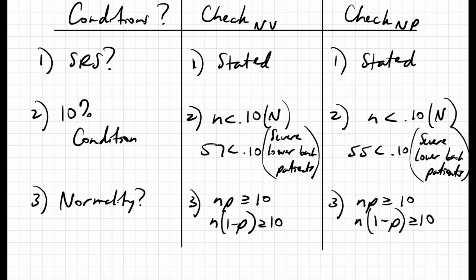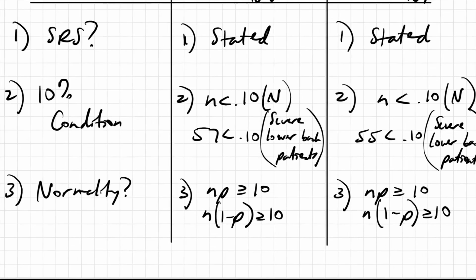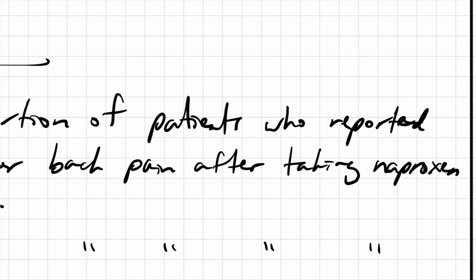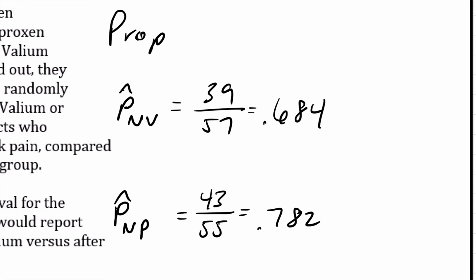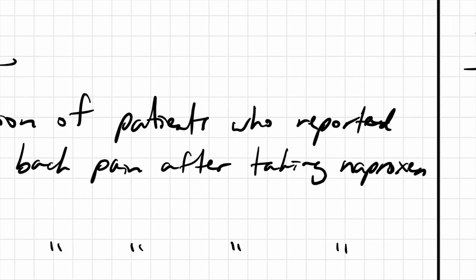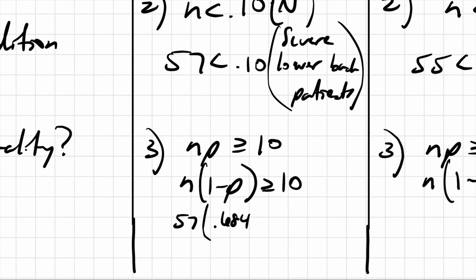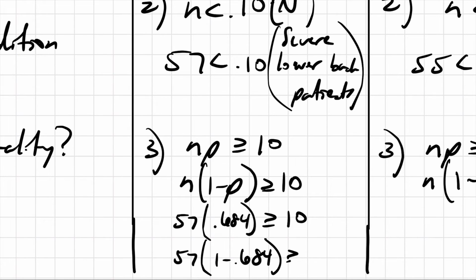We don't have p, so we're going to use p hat. n for NV was 57, times 0.684, and then 57 times 1 minus 0.684, 0.316.